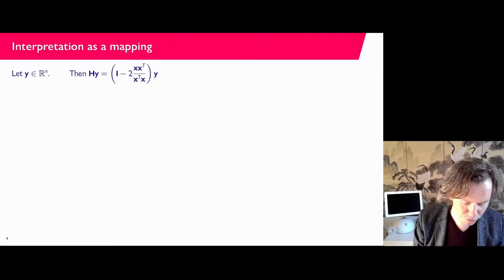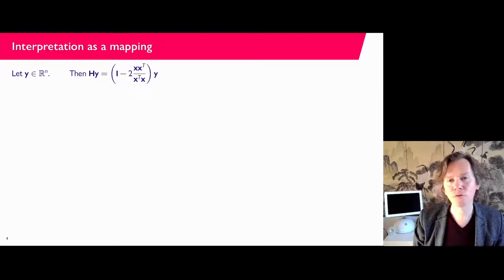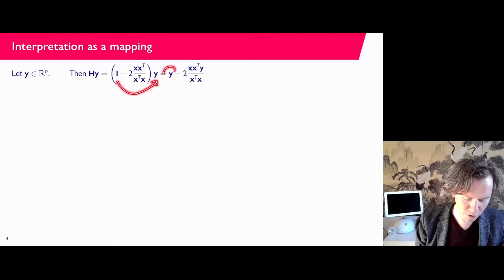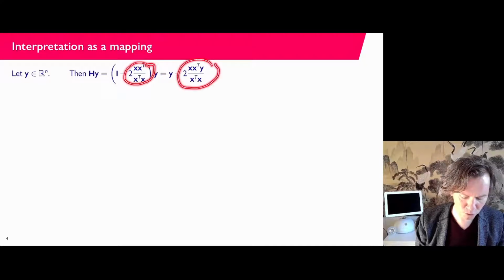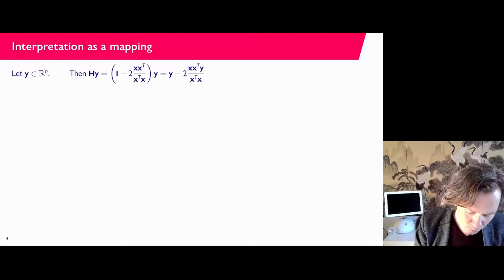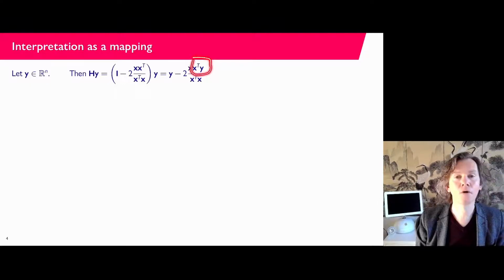Because we have seen on the previous slide that this is the definition here. But from the definition you can compute this product a bit cheaper. Because identity times y gives me just y here. And then the second term, if I multiply that with y, this is what you get. And again, look at the product here. Note that in the numerator we have x transpose y, which is just a number.